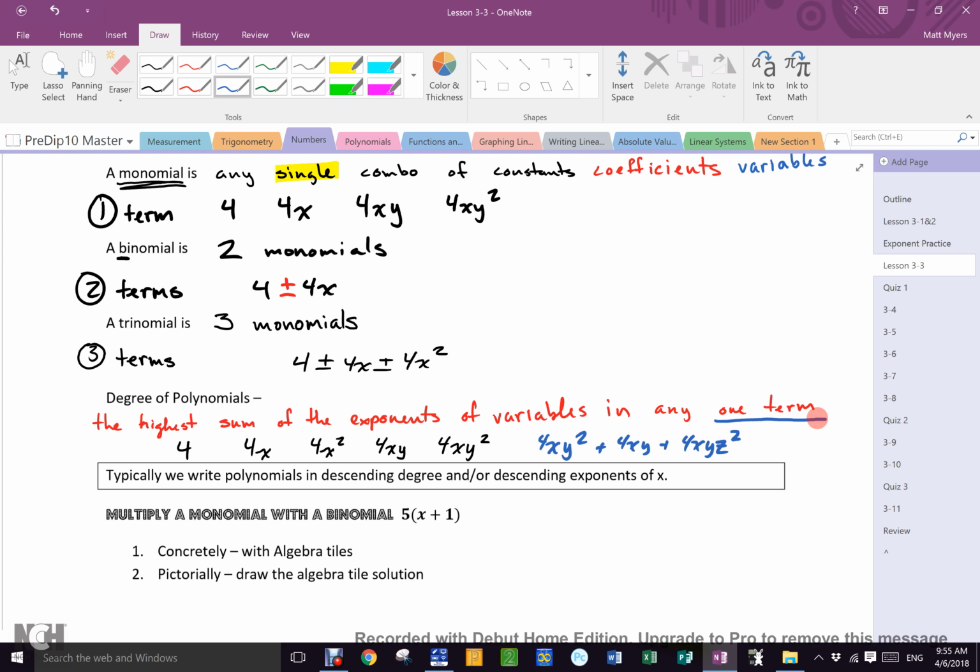Now, the way we like to write polynomials, which doesn't really matter, but I've taught Pre-Calc 10 for so long that I know that it matters to you people. Normally, we write alphabetically, so X's first because they come before Y and Z, or A's because they come before B and C, and we put the highest degree of the first variable first.